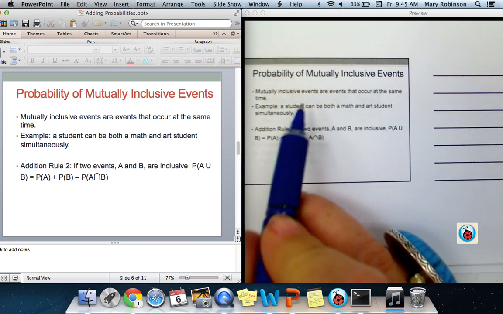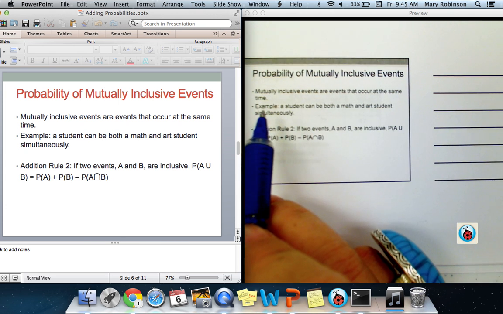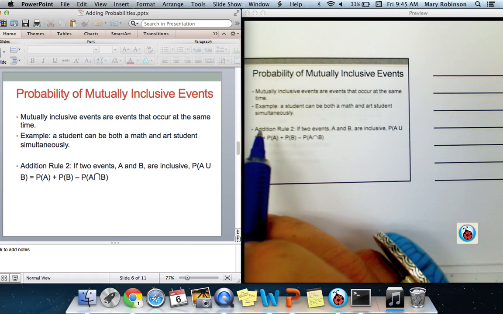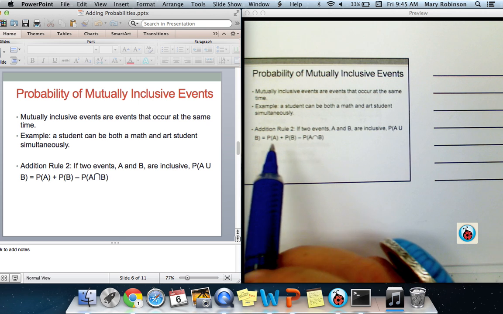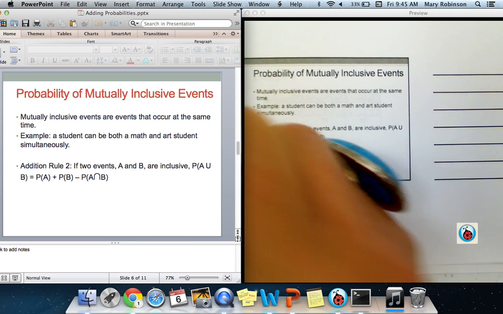Recall that mutually inclusive events can occur at the same time. For example, a student can be both a math and art student simultaneously. So now we need to learn addition rule 2.